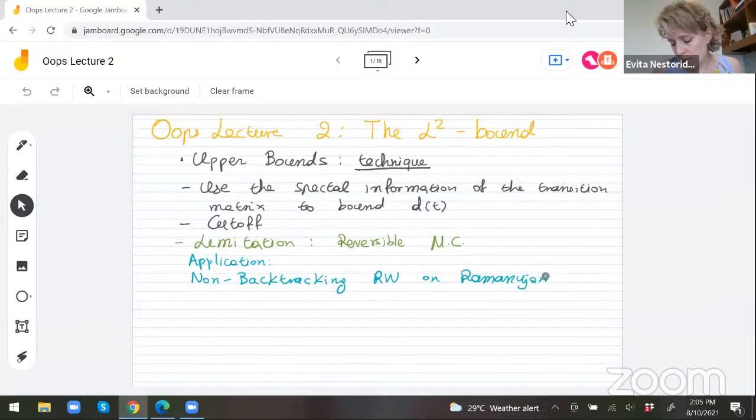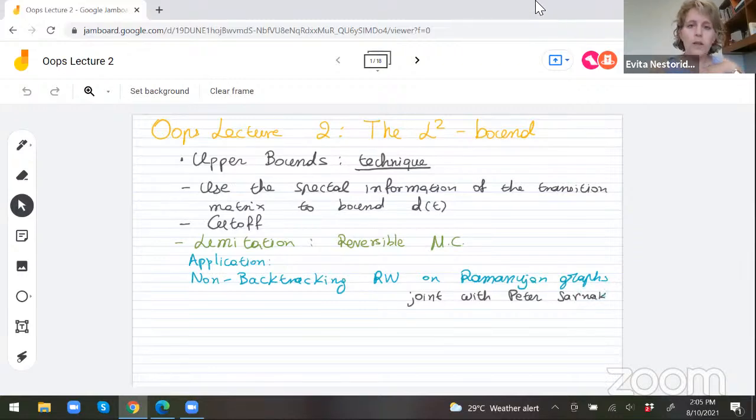Soon we'll see that this is not the traditional way to define the non-backtracking random walk. It's a different one that turns out to be reversible. So the L2 bound can be applied. This last application can be found in a joint paper with Peter Sarnak. Okay, so this is the outline for today.